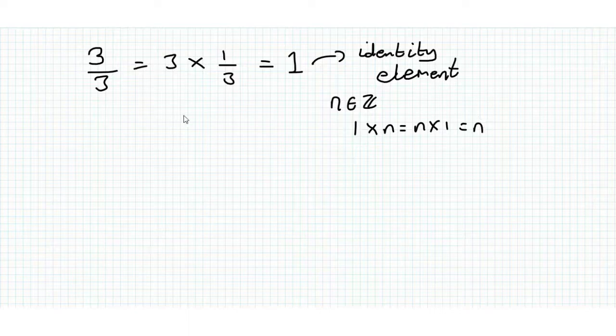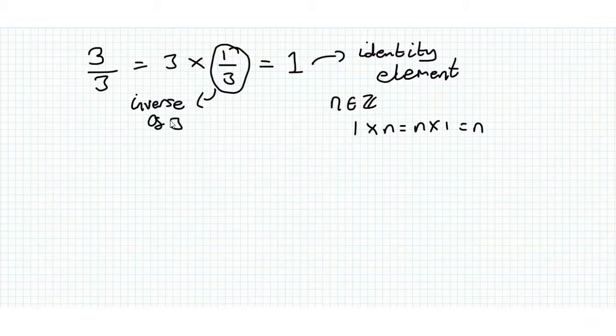And 3 here, we call this 1/3 the inverse of 3. And it's called the inverse because 3 times 1/3 is equal to 1/3 times 3 is equal to this identity element.